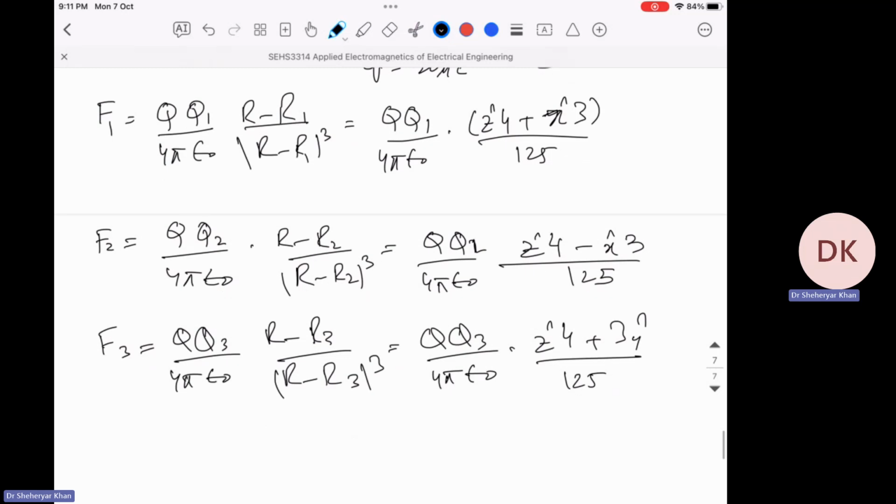Okay, so you have three forces. The total force is, add them together.